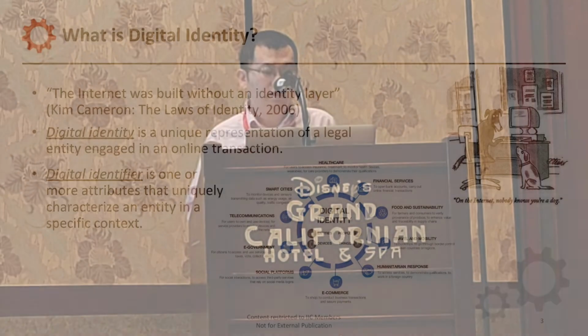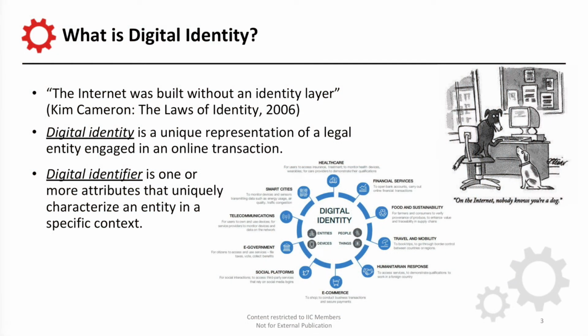Before we go to the details of decentralized identifiers, let's look at what digital identity really is. As we all know, the internet was built without an identity layer. When you talk with someone online, you don't actually know who you are talking with. So digital identity is your footprint when you're doing online activities with different entities: with a healthcare company, with your bank, with government.